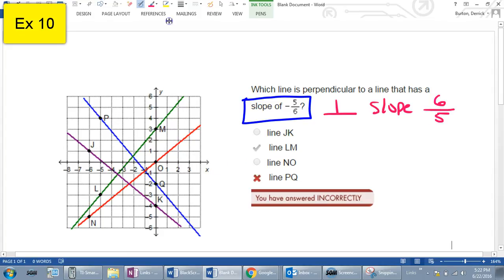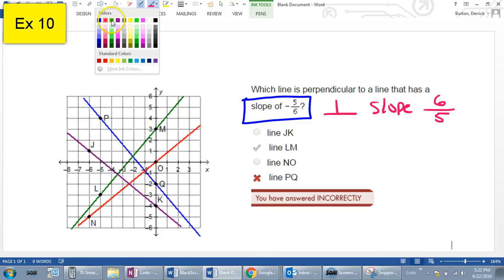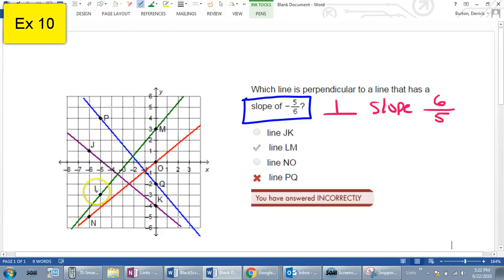Might as well start with the green one. They've got a dot waiting for us here and here, so I'm just going to count. Going up, that's 3, 4, 5, 6, and then going over 1, 2, 3, 4, 5. So it looks like the green one wins right there. That's LM, so that's why LM is the answer.